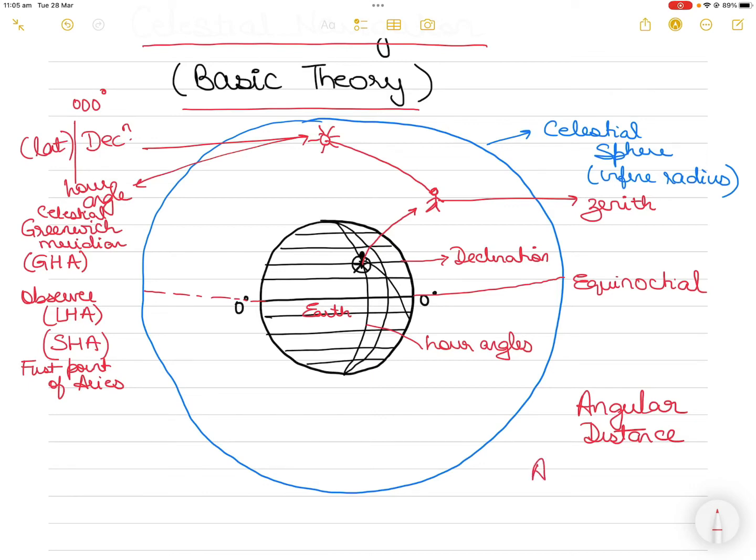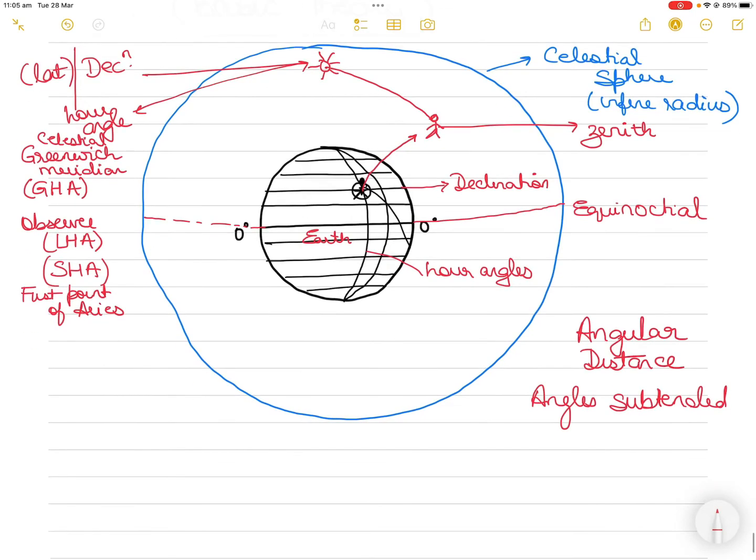Angular distance is measured in terms of angles subtended with respect to two entities, let's say entities, right? So an angle has to be with respect to something.